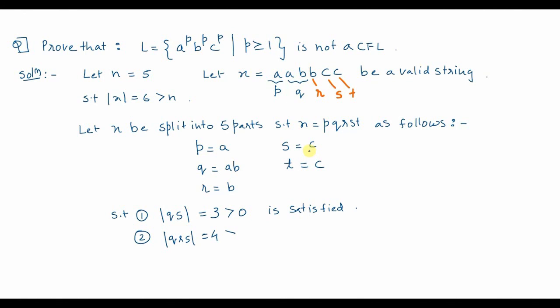So what is n? n is already considered as 5. We have taken n equal to 5. So 4 is less than or equal to n, because n is 5. So the second condition is also satisfied.